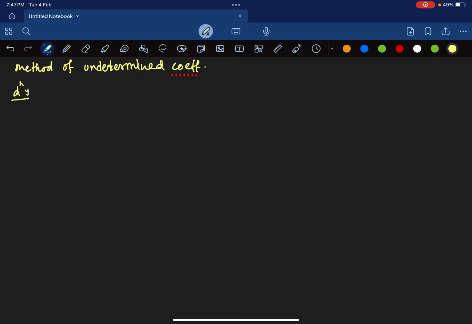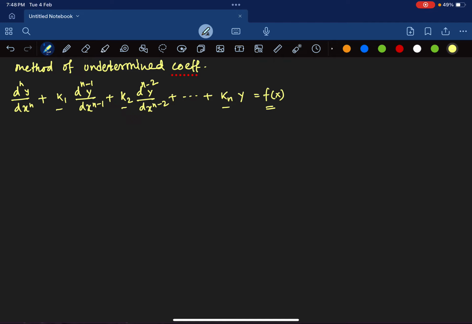Suppose d^n y/dx^n plus k1 d^(n-1) y/dx^(n-1) plus k2 d^(n-2) y/dx^(n-2) plus so on up to kn y is equal to f(x), where k1, k2 up to kn are constants because we are dealing with a differential equation with constant coefficients here, and f(x) is a function of x.